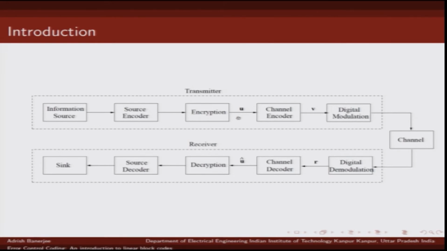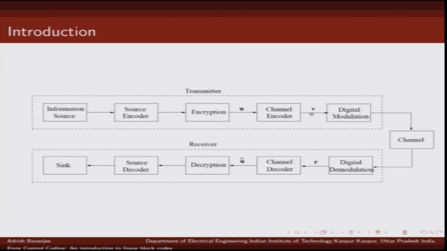We typically use the symbol U to denote the information sequence and the symbol V to denote the coded sequence. So this course will essentially deal with this block of the digital communication system, essentially how to design good error correcting codes and the properties of error correcting codes.